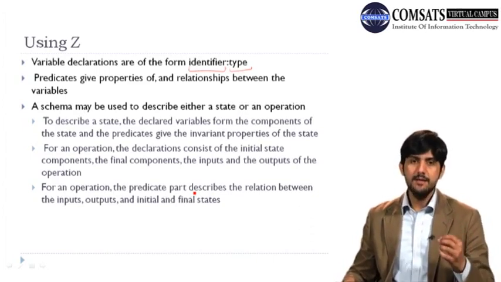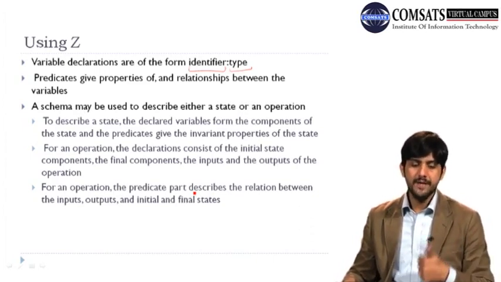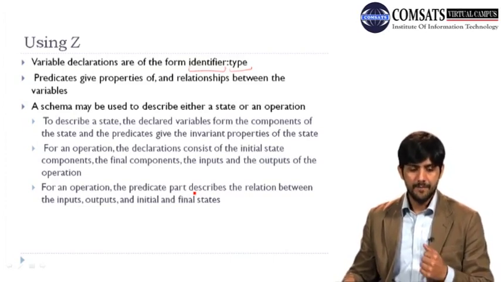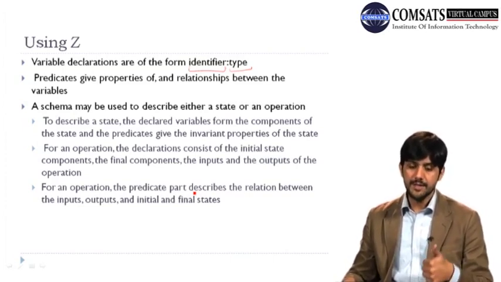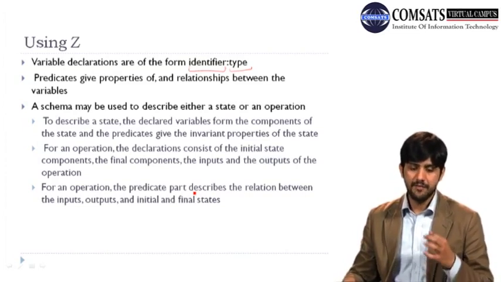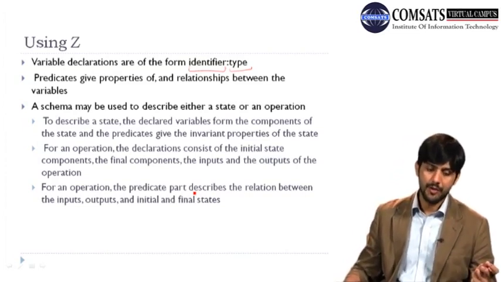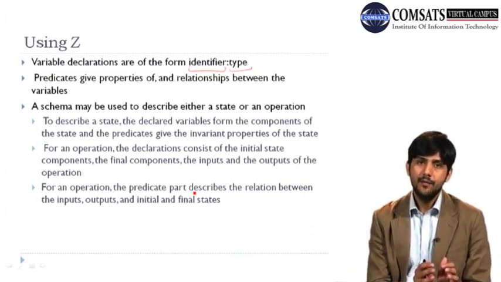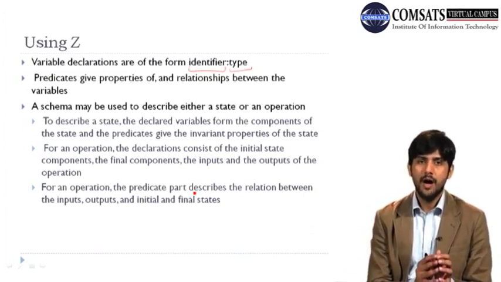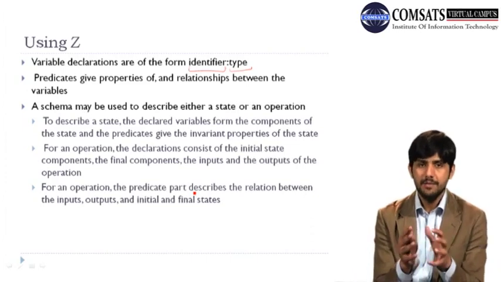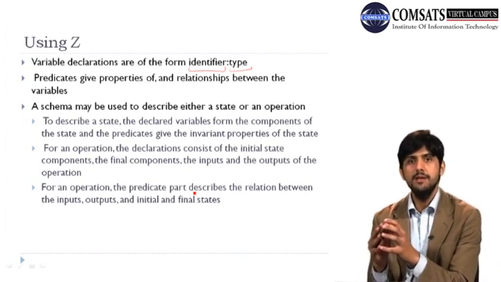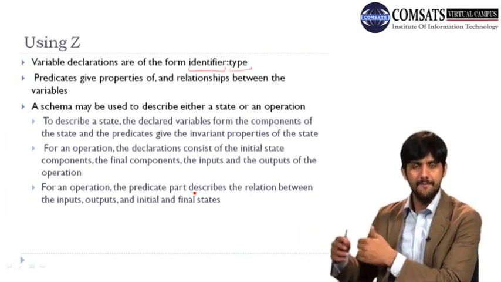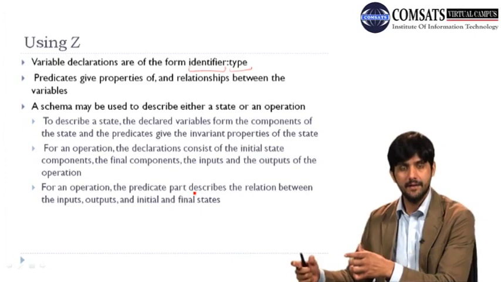To describe a state, the declared variables form the components of the state and predicates give the invariant properties of the state. For an operation, the declaration consists of the initial state components, the final components, and the input and the output of the operation. So when it is a state, we are going to define how the state is defined and what the possible values are, what the possible states are that these variables can have.